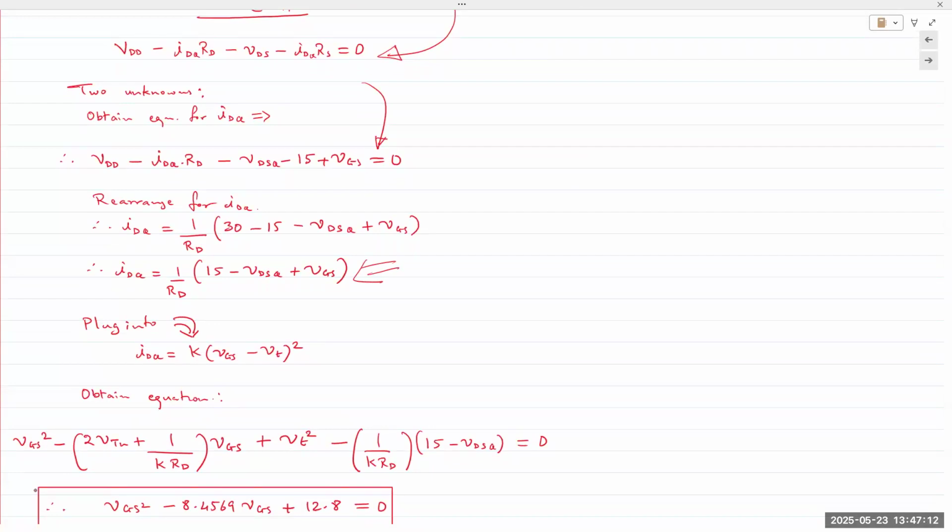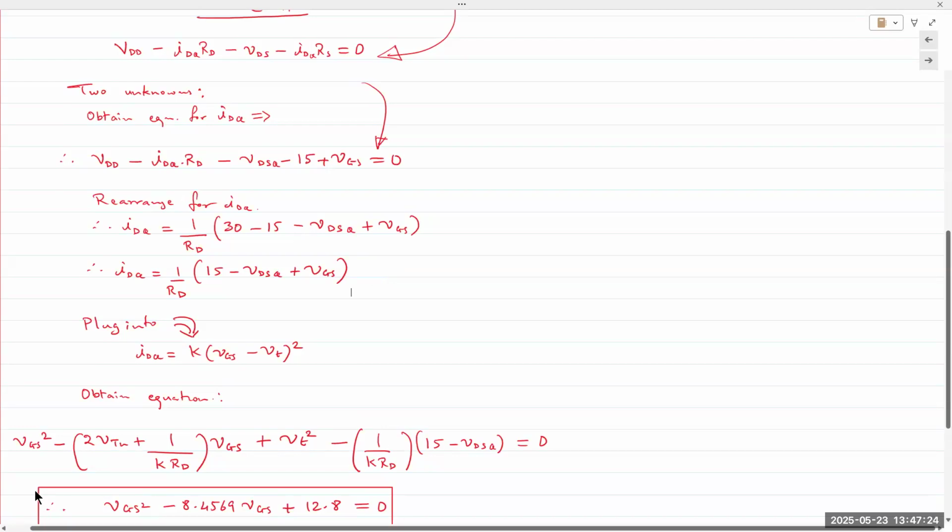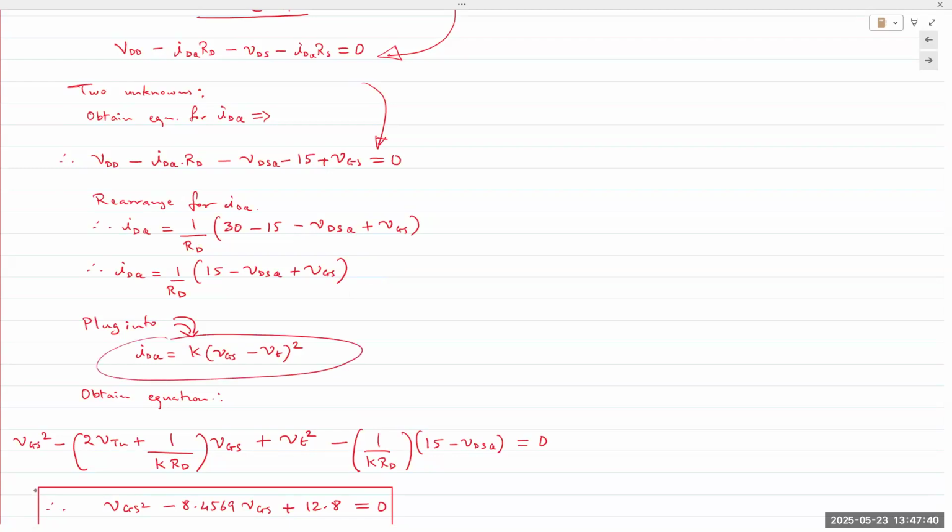IDRD is the voltage drop across the drain resistor. So that's equal to 15 minus VDSQ plus VGS. Now, the assumption is that it's still in saturation, active mode. So from the equation for ID in the active saturation mode, IDQ equals K times VGS minus VT, the whole square.